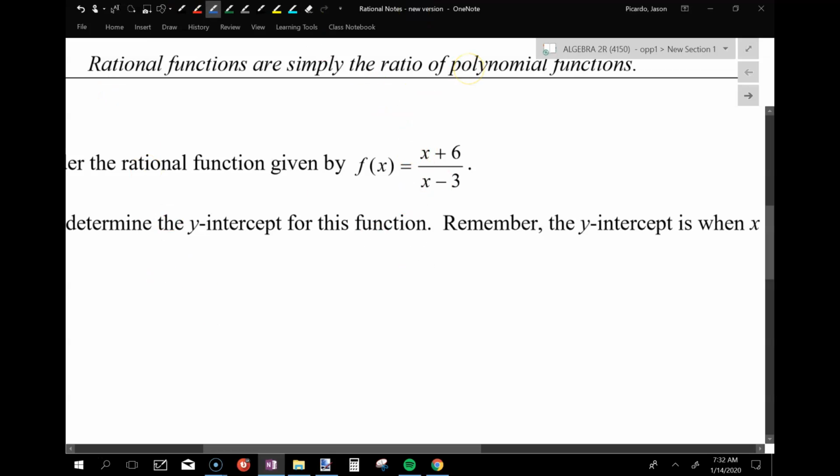How do I find the y-intercept of something? Well, you agree that a y-intercept is somewhere along there, right? What's the x value anywhere along the y-axis? I'm going to say it again. What's the x value anywhere along the y-axis? 0, right? So to get a y-intercept, I always plug in x equals 0. So I want to find f of 0.